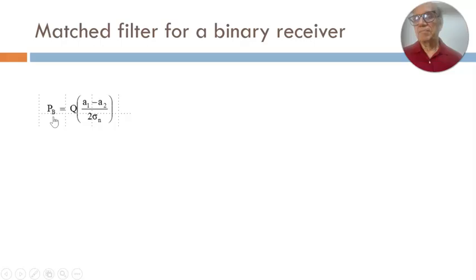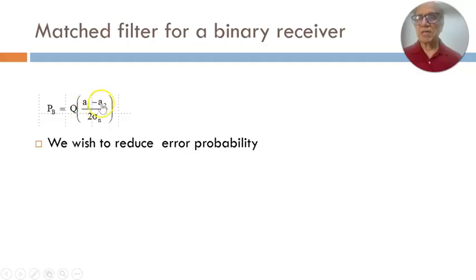Now note that the bit error probability is given by this Q function, where the parameter is (A1 minus A2) upon 2 sigma n. Now we wish to reduce this bit error probability as much as possible, which means that we would like to maximize A1 minus A2. Remember, if the parameter of the Q function is larger, the bit error probability is smaller. So clearly the noise should be smaller and the difference of the two possible outputs must be as large as possible.